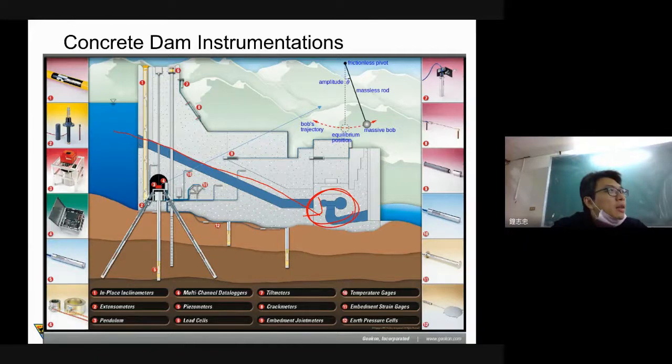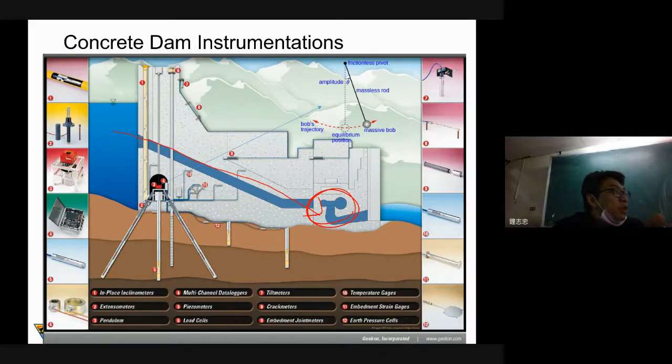But before you build a concrete dam, this is a very important infrastructure, so the investigation of the regional geological condition is very important. Sometimes we need to find a very good place without liquefaction, or a foundation with very low shear strength or bearing capacity.